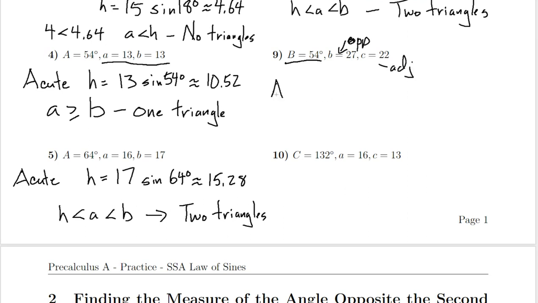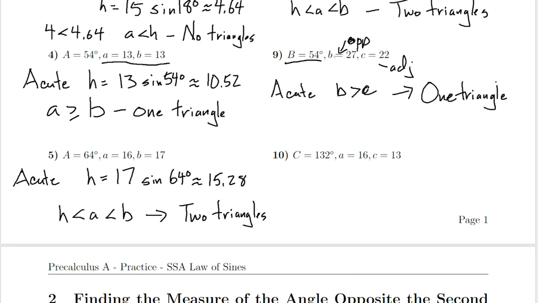So with an acute triangle, first thing that we have to consider is that opposite side greater than the adjacent side. Okay, in this case, B is greater than our C. We can stop right there. We don't have to figure out what the height is. That tells us 1 triangle.